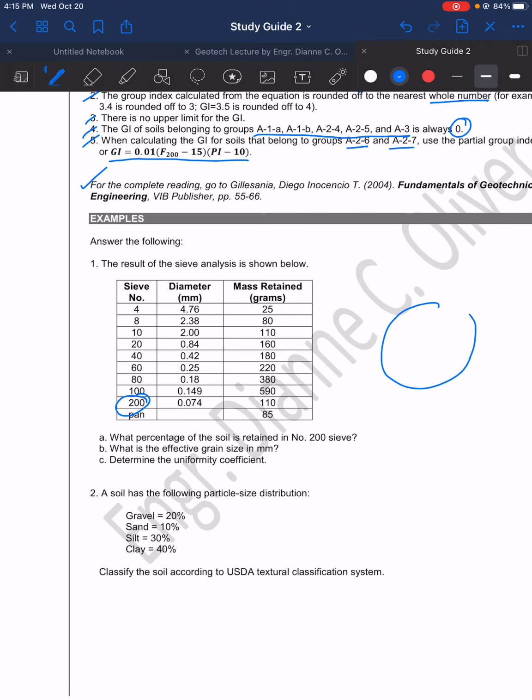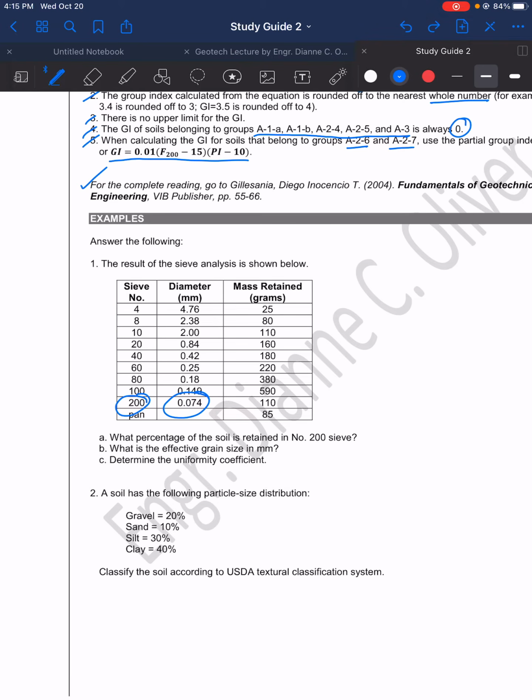So meaning the greater the number, the sieve number, the more mesh that you can find. So the greater the number, the finer the opening of the mesh. Okay? Therefore, sieve number 200 has the finest opening or the smallest diameter from these sieves.